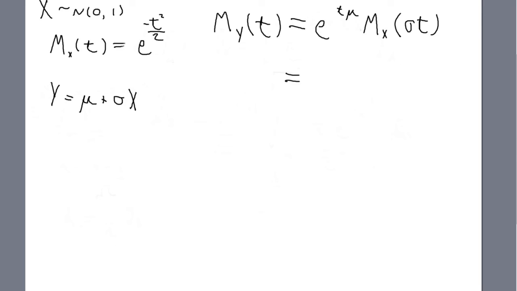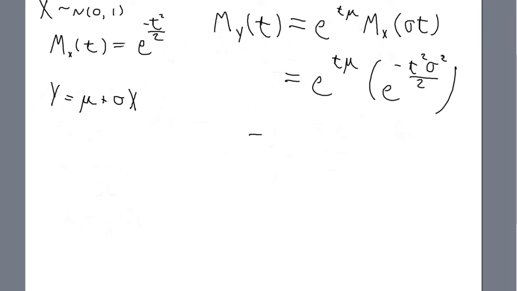Therefore, here we have e to the t mu multiplied by e to the negative t squared sigma squared over 2.